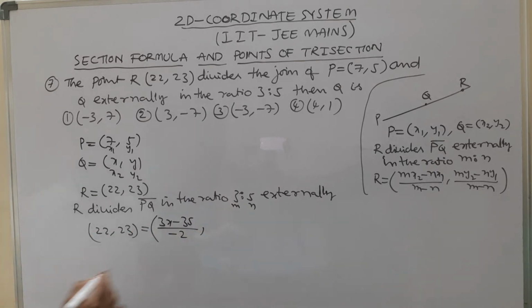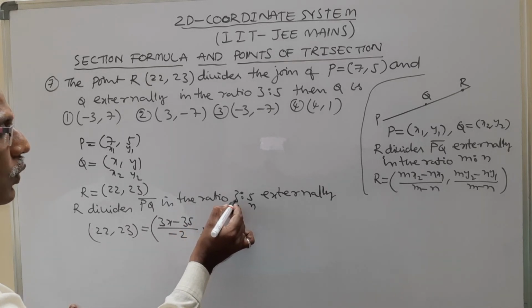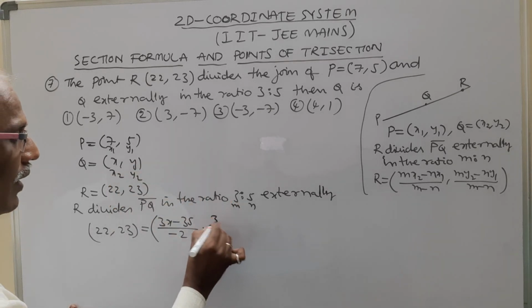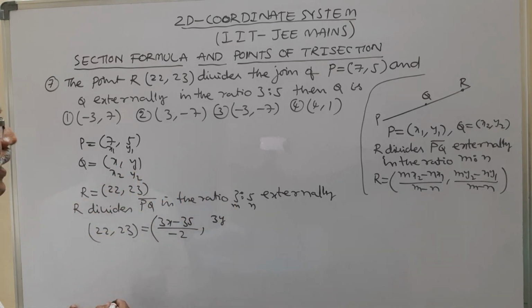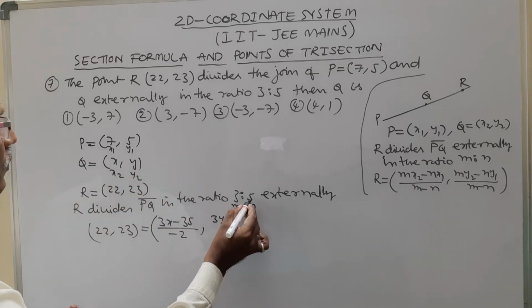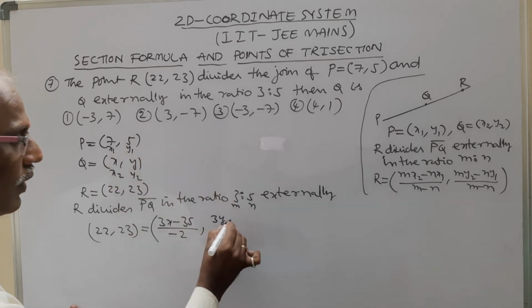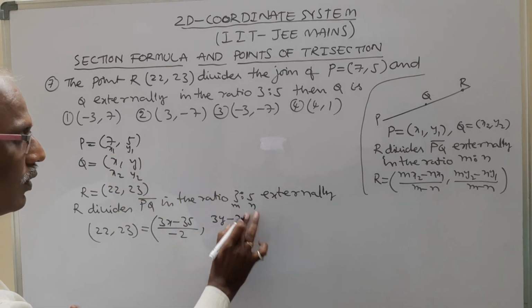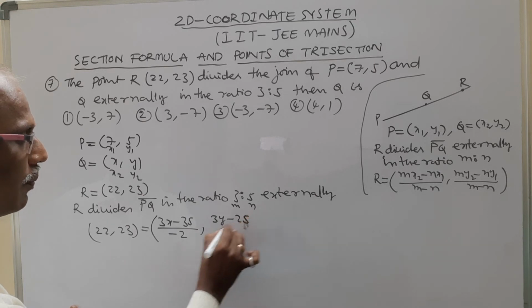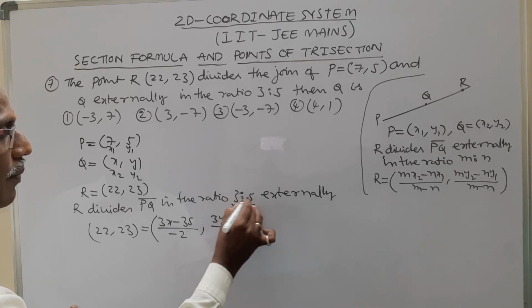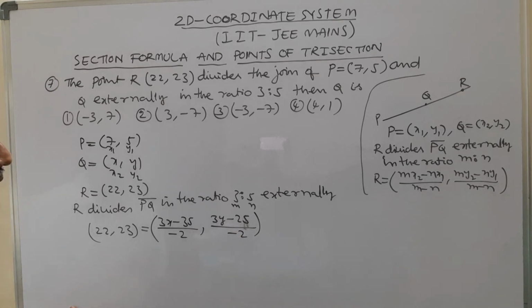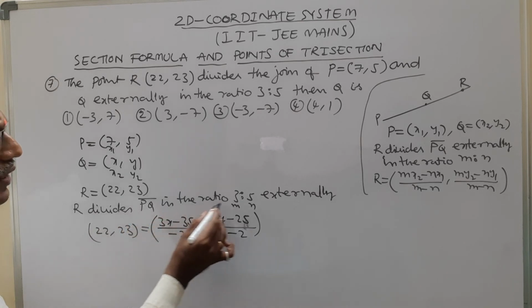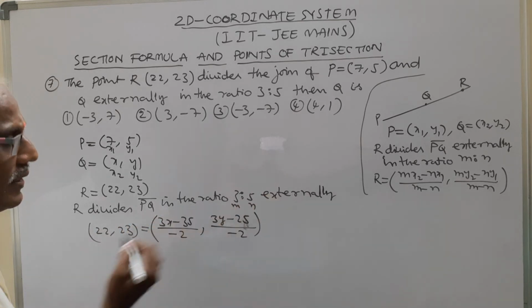Next one: my2 minus ny1 over m minus n. 3 into y, 3y, minus 5 into 5, 25, over 3 minus 5, minus 2. Again I explain this step. Here to apply the formula, capital R divides PQ in the ratio 3:5 externally.